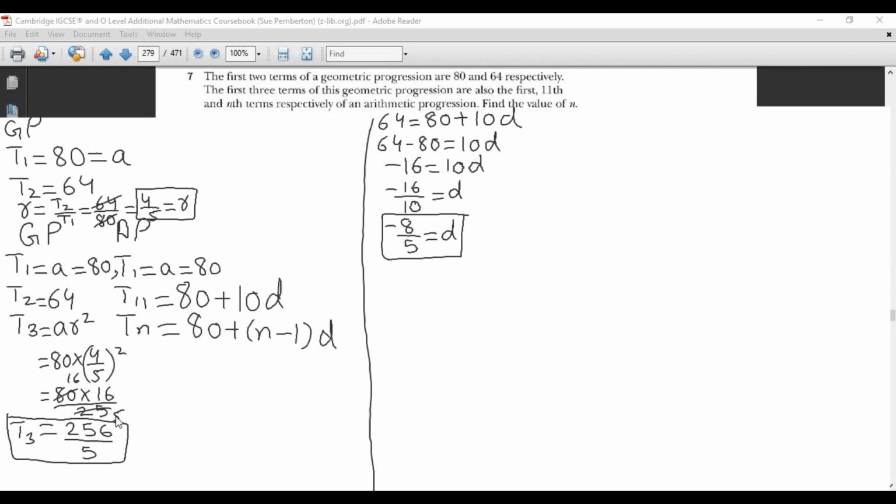Now I will be comparing T3 with Tn. The value of T3 was coming 256 over 5.